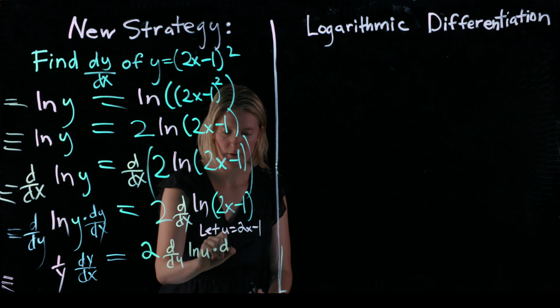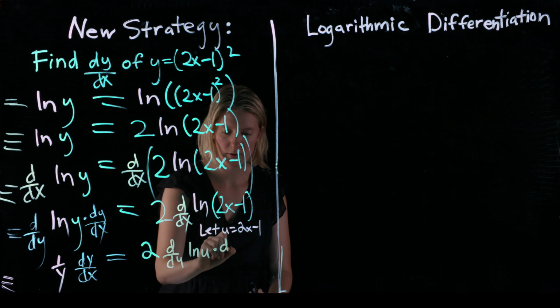So this left side will keep the same for now. We have 1 over y times dy/dx. And now I have my 2. The derivative with respect to u of the natural log of u is 1 over u. And the derivative of u with respect to x of 2x minus 1 is 2.